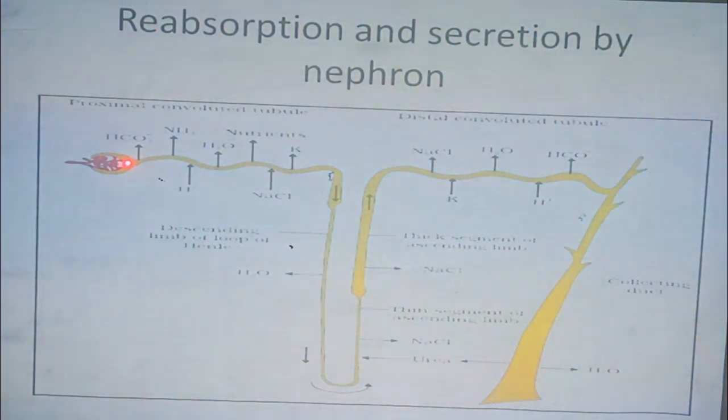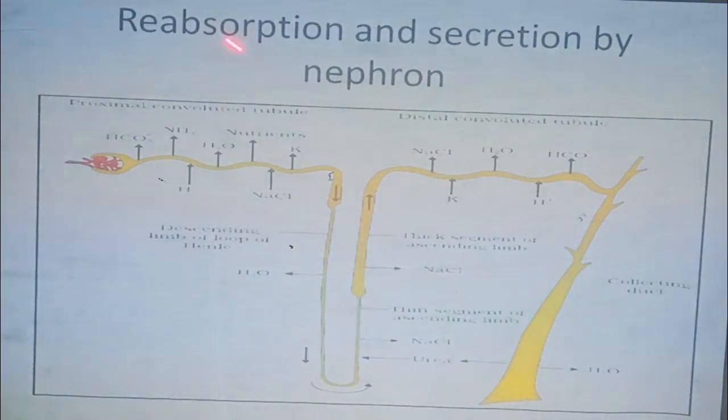The filtrate moves from this part. Here we see that H2O, ammonia, bicarbonate, and calcium move from this part and ultimately go into the blood capillaries.